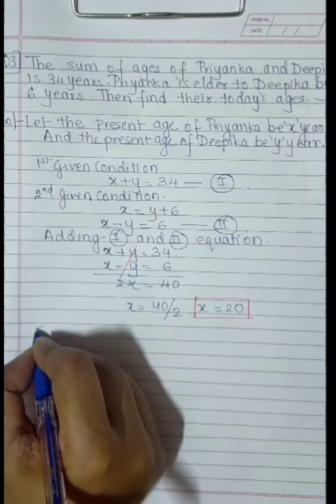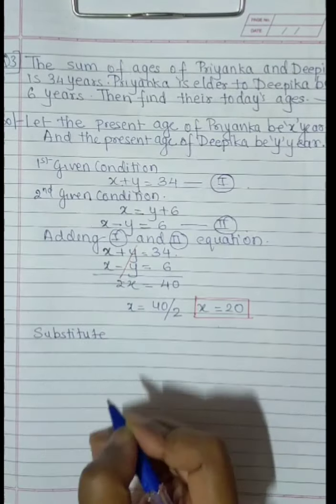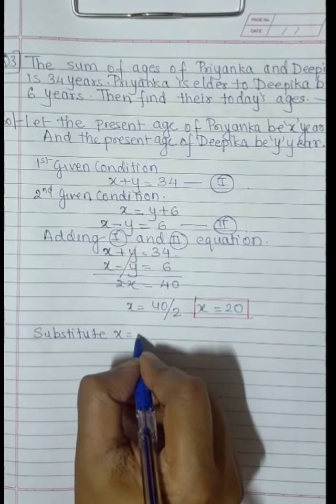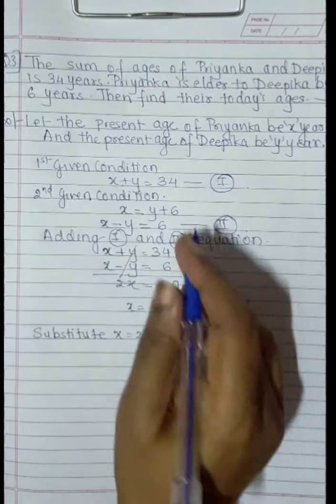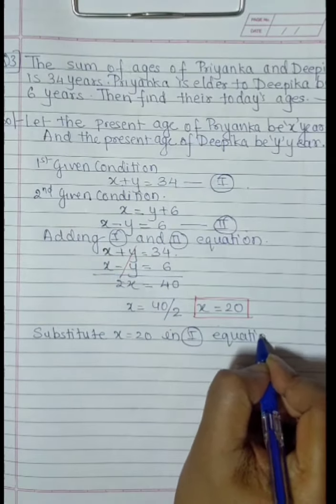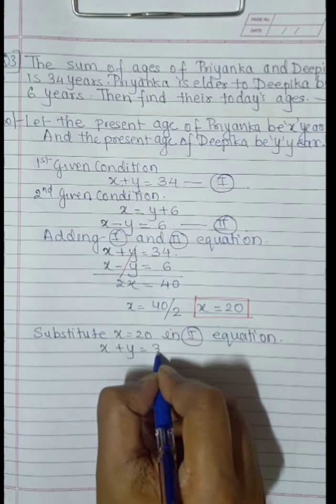So we are going to substitute X equal to 20 in the first equation, that is X plus Y equal to 34.